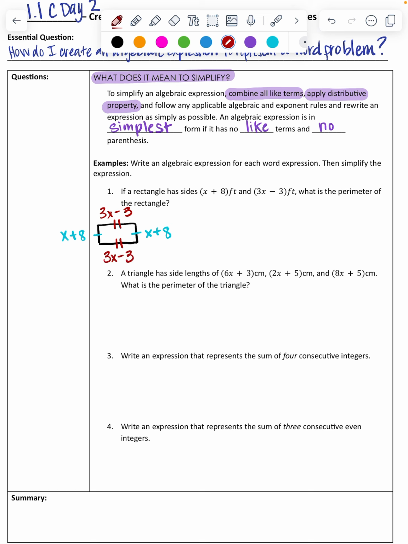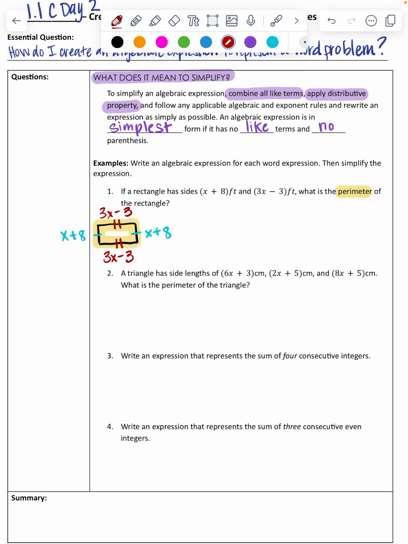The perimeter means the distance all the way around the rectangle. So all I need to do is add all of the sides together to create this expression.